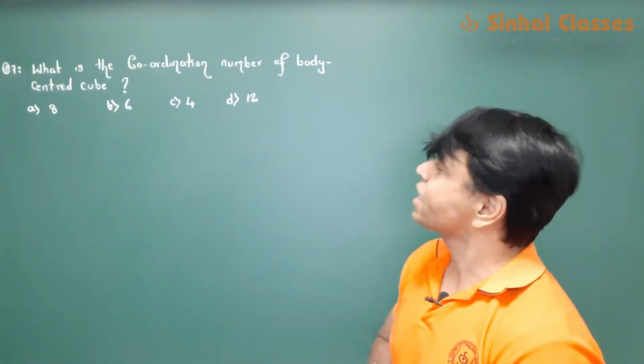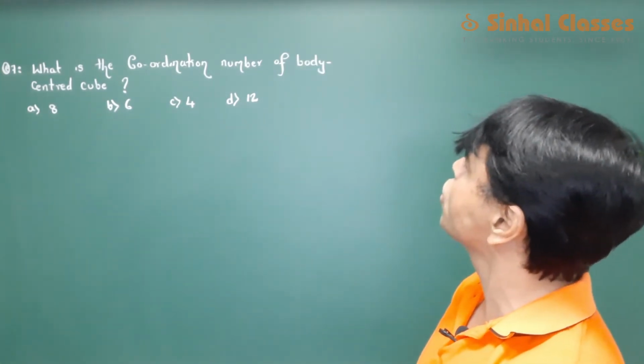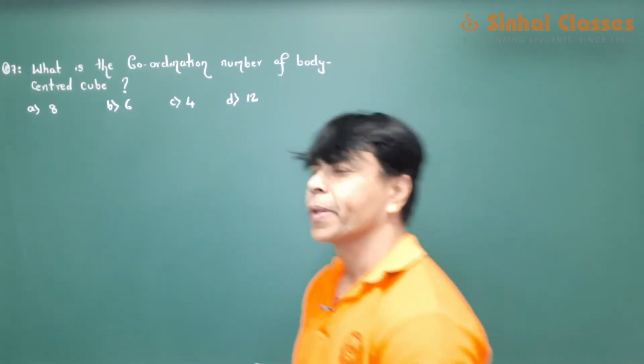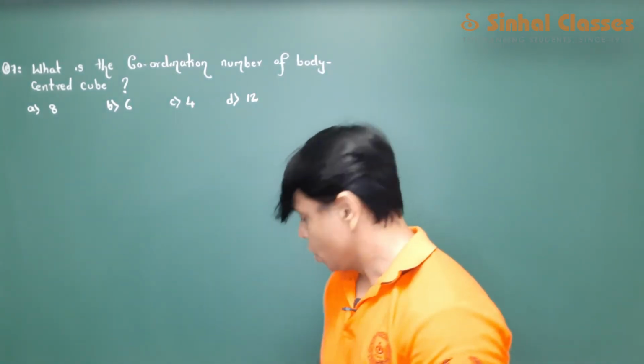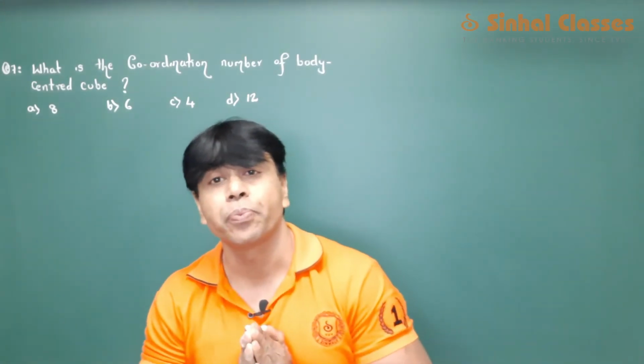Okay student, let's have a look at this question now. It says, what is the coordination number of body-centered cube? Now, what is the meaning of the word body-centered cube?